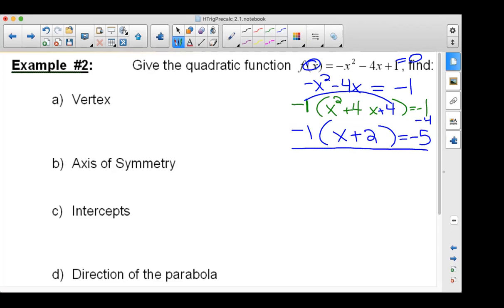Again, we're going to use the rest of that equation when we find the intercepts. But my standard form is negative x plus 2 squared. Adding the 5 places it in standard form. So standard form, everything should be back on the same side.